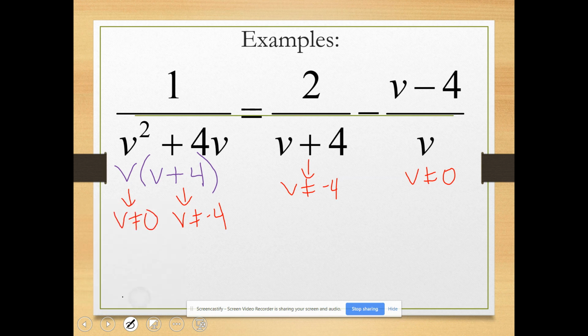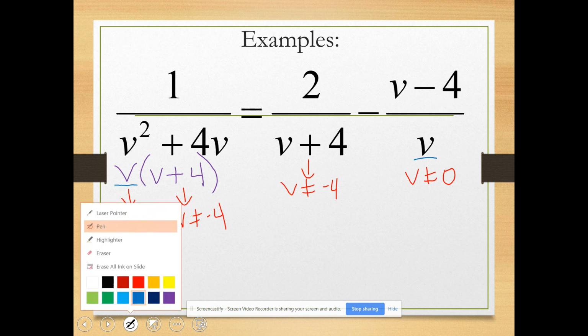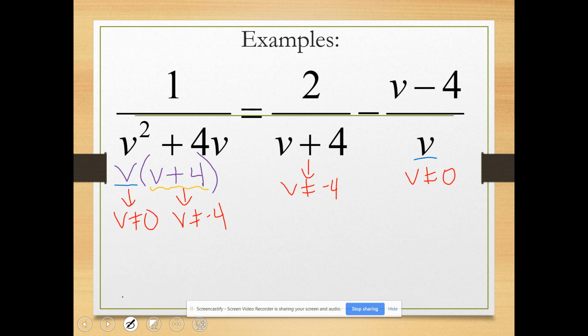So now we want to find what our common denominator would be. Well, we have v's and we have v plus 4's. So our common denominator should be v times v plus 4.